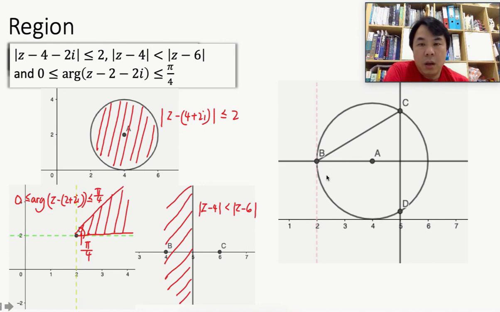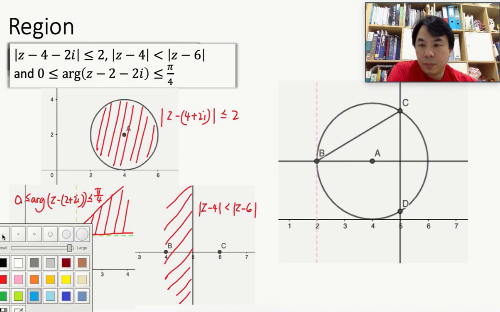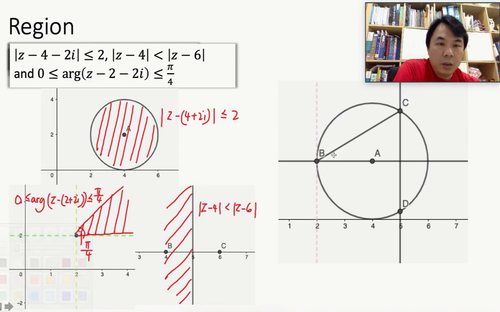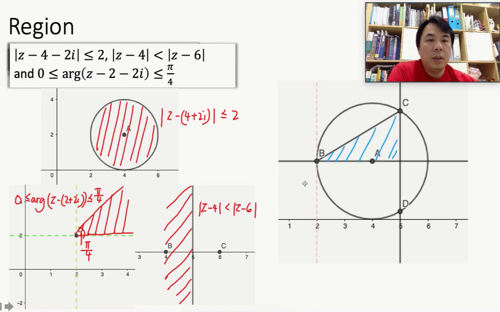And then where are the overlapping regions? Where is the common region that they overlap? So it's quite obvious in this case. All of the region, oops, I think I used the wrong color here. All right. So you will notice that the region overlapped by all these regions is here.